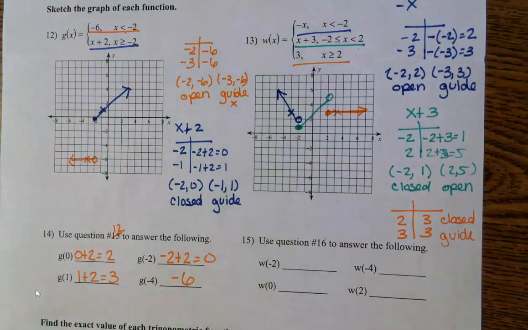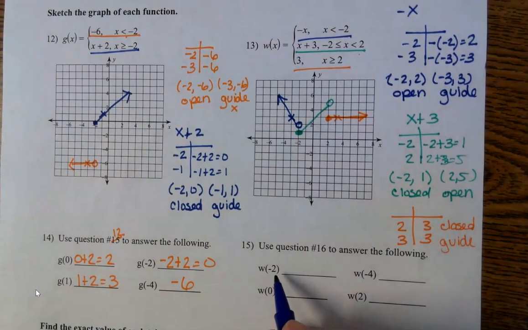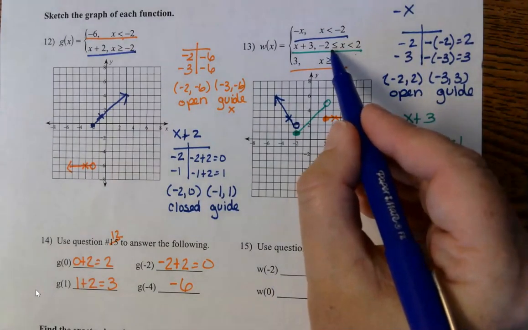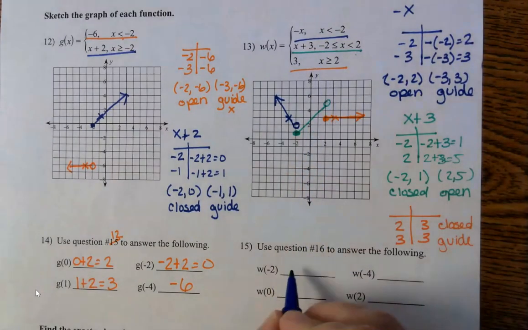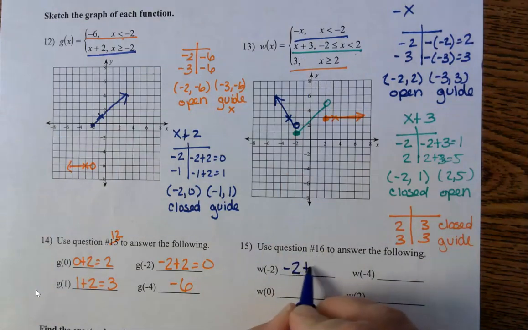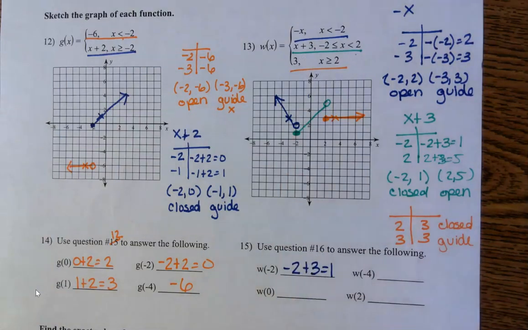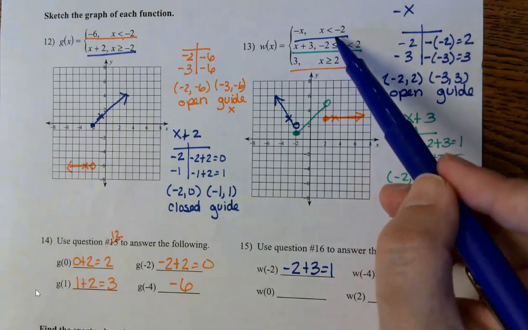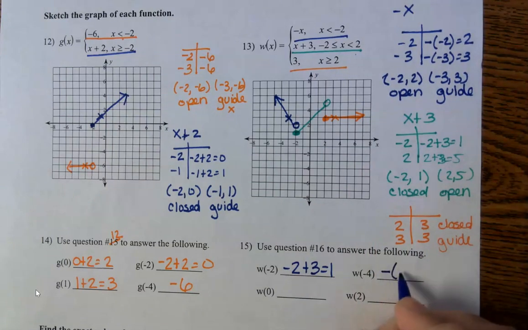I'm going to change color. Okay, so here we go. Negative 2. You're going to the equal to bar. So it's going to be the middle equation. So negative 2 plus 3 is 1. Negative 4 is definitely less than negative 2. So that's negative 4, which is just 4.